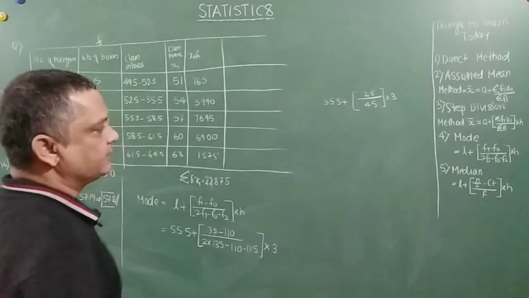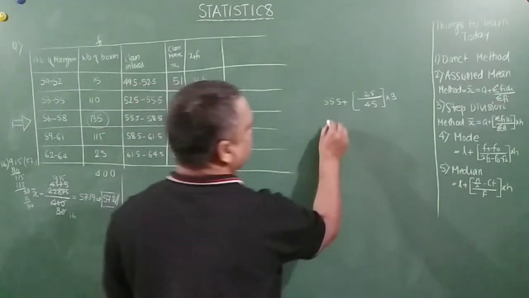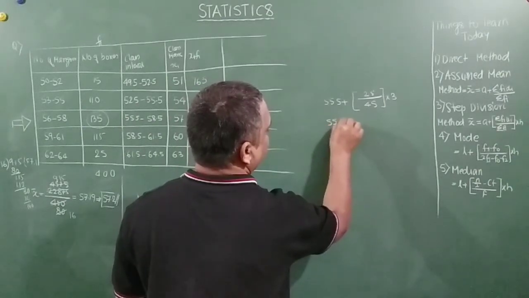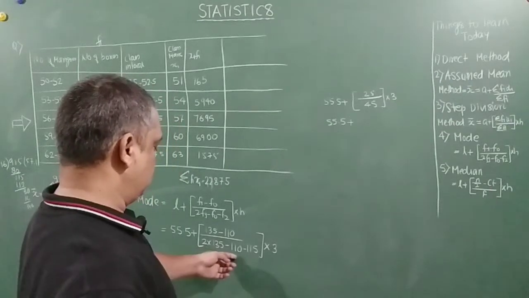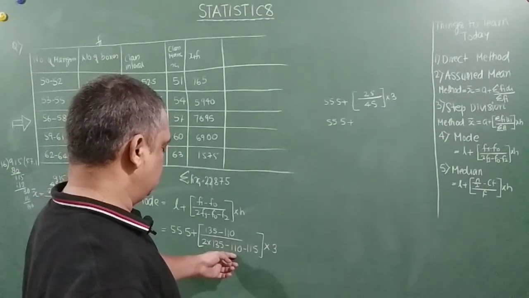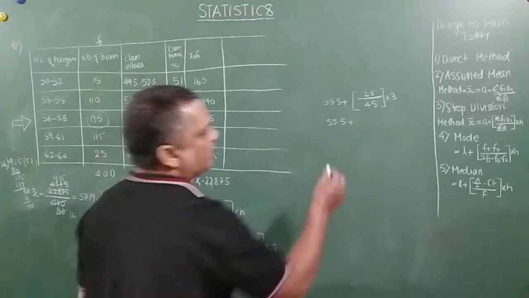Got it, friends? Okay, so 55.5 plus 25 by 45.